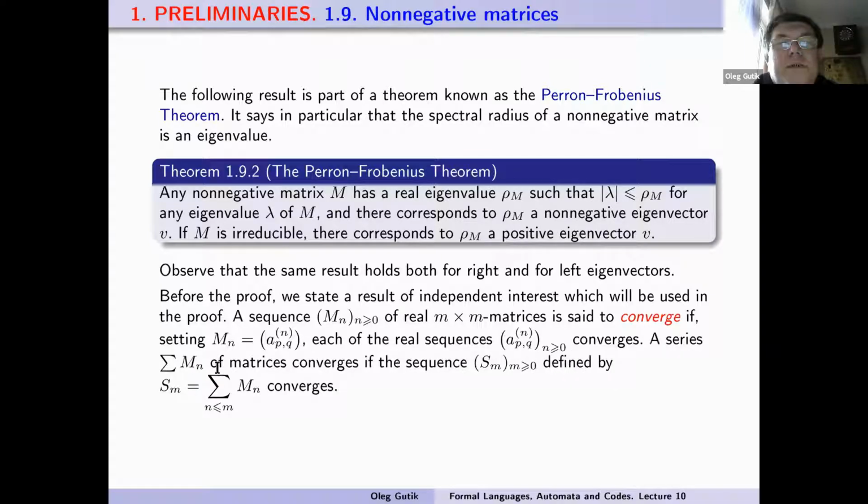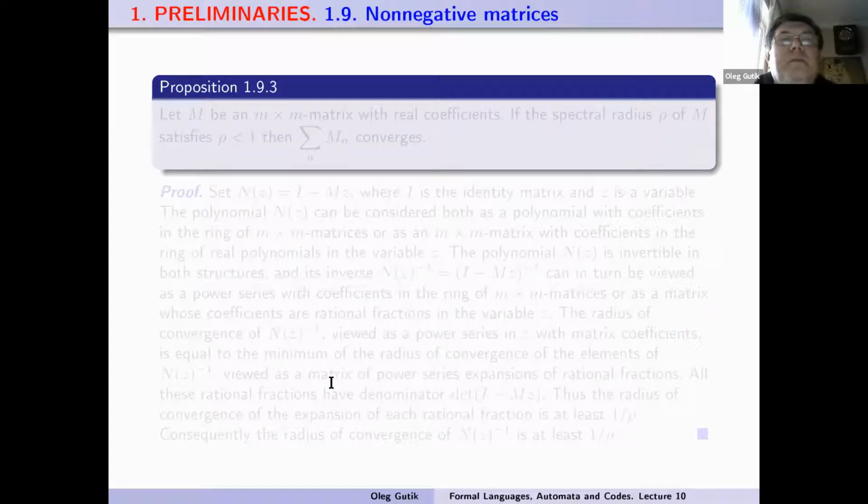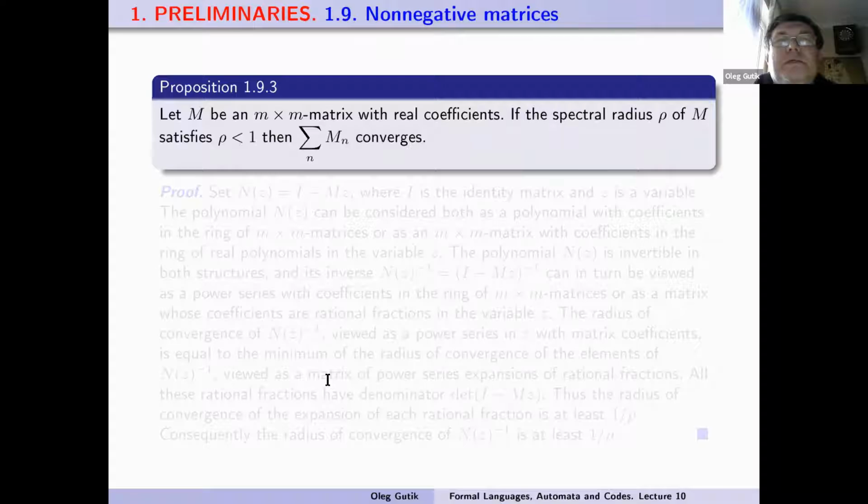A series of matrices M_n converges if the sequence S_m defined by this sum converges. Proposition: let M be an m times m matrix with real coefficients. If the spectral radius rho of the matrix M satisfies the condition that rho is less than 1, then the sum of the matrices M^n converges.